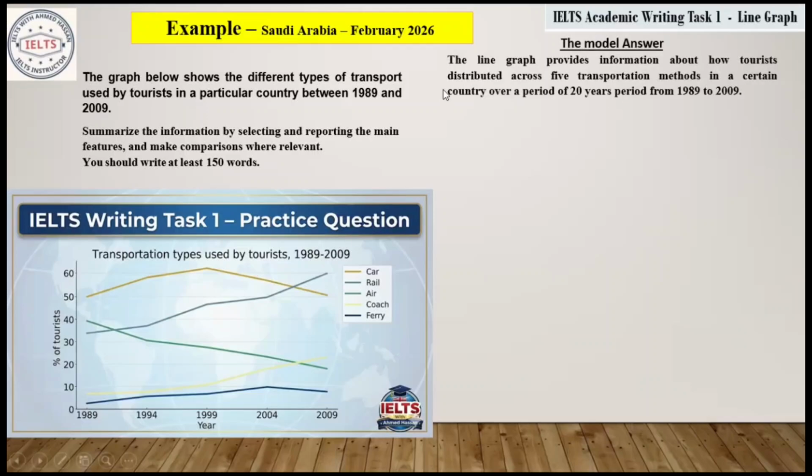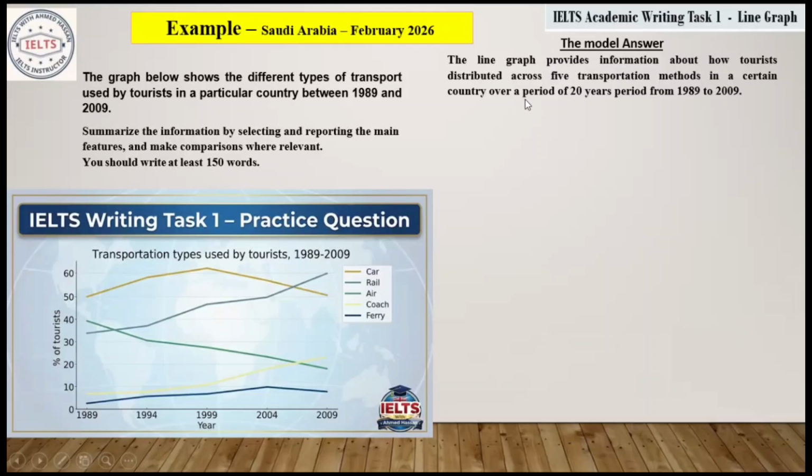Who can read? The line graph provides information about how tourists are distributed across 5 transportation methods in a certain country over a period of 20 years, from 1989 to 2009.